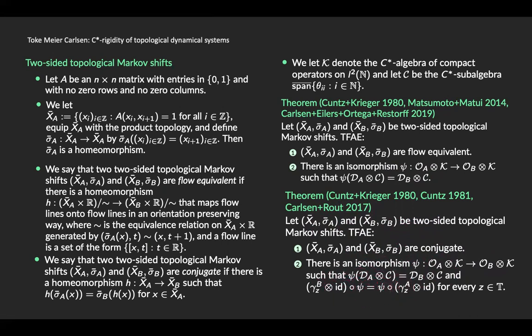So this says that you can recover a two-sided topological Markov shift up to either flow equivalence or two-sided conjugacy from its stabilized Cuntz–Krieger algebra together with this subalgebra, and in this case also the stabilized gauge action.